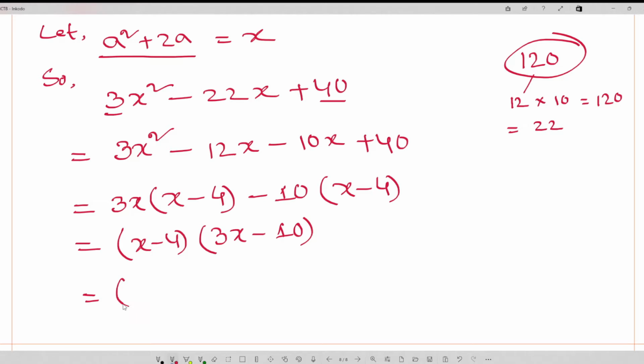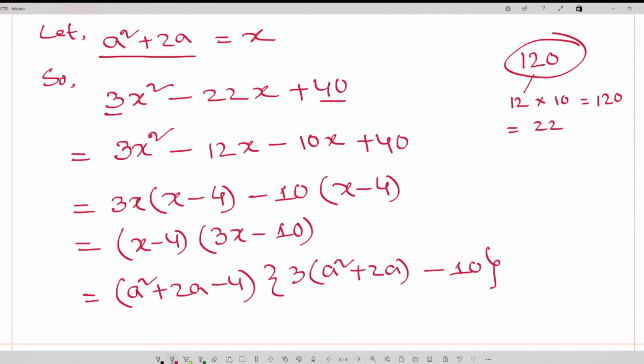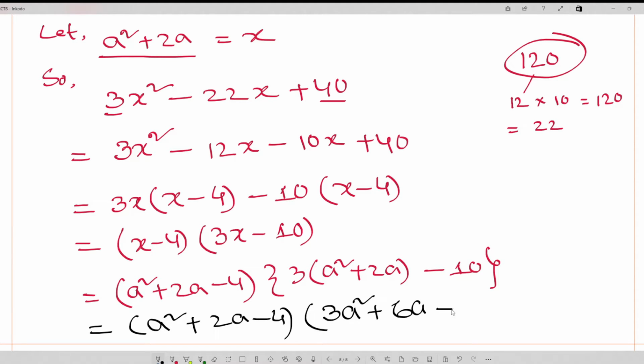So we can write a² + 2a − 4, and here 3x means 3(a² + 2a), and here is minus 10. Finally our answer is (a² + 2a − 4)(3a² + 6a − 10), and this is our answer.